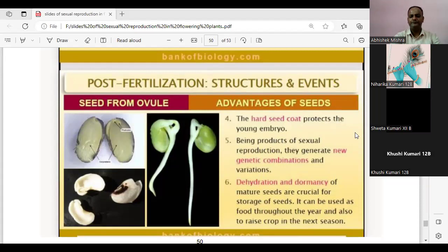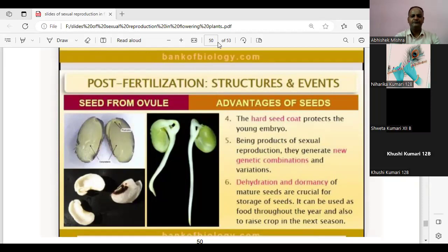Okay, let me unmute you. Niharika, what is genetic combination? Niharika, I have given you the option. You can unmute yourself.